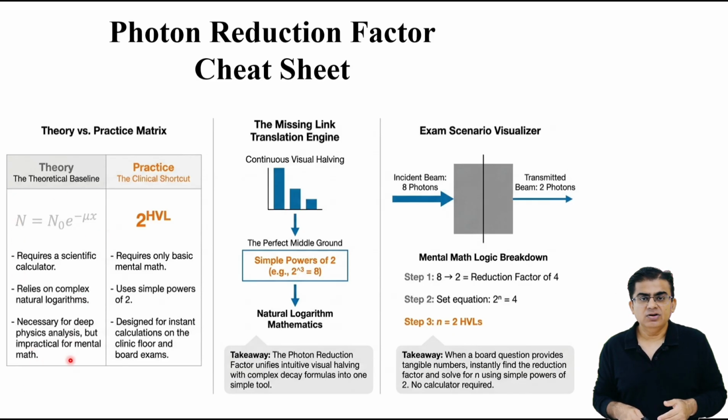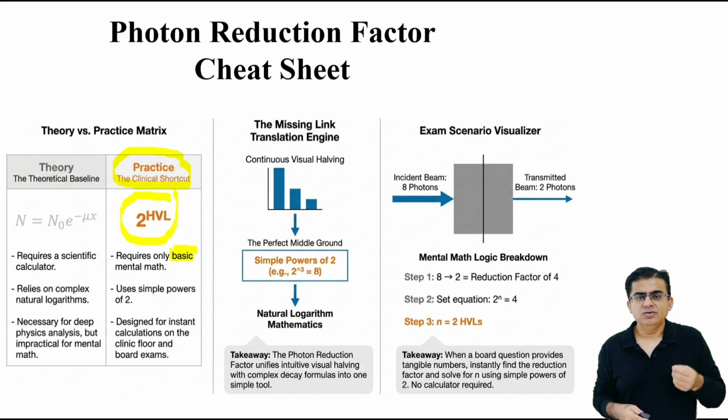It is necessary for deep physics analysis, but it is completely impractical for mental math. But on the practice side, our 2 to the power of HVL shortcut requires only basic mental maths. It uses simple powers of 2 and is perfectly designed for instant calculation for your clinical use and in exams.